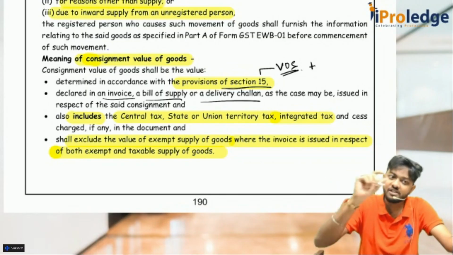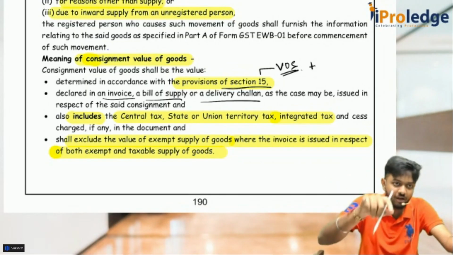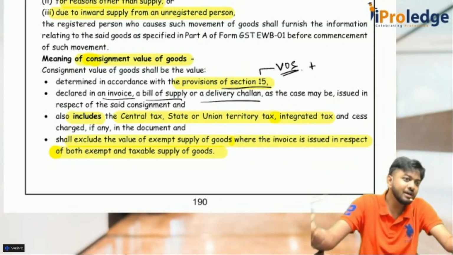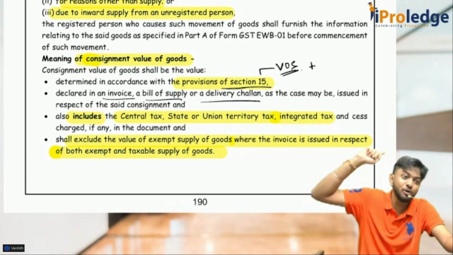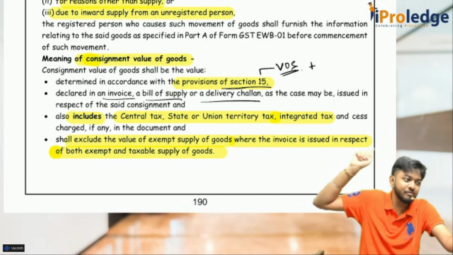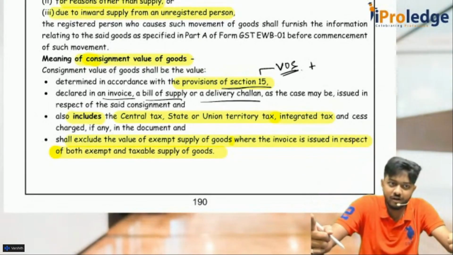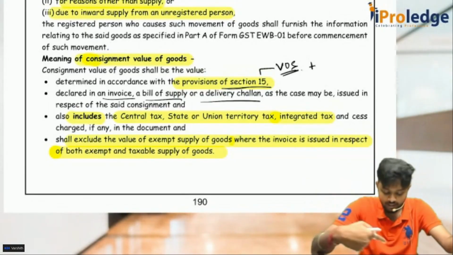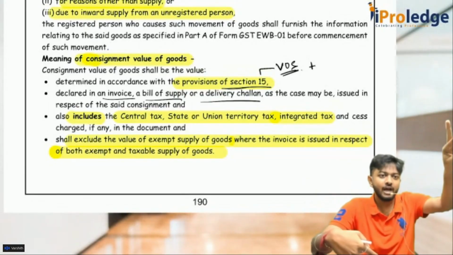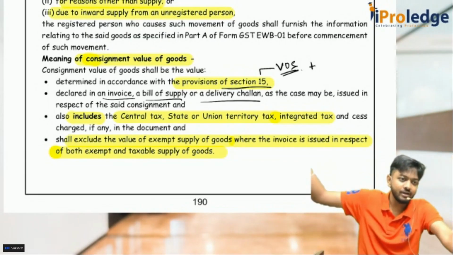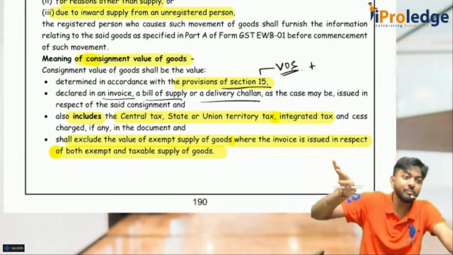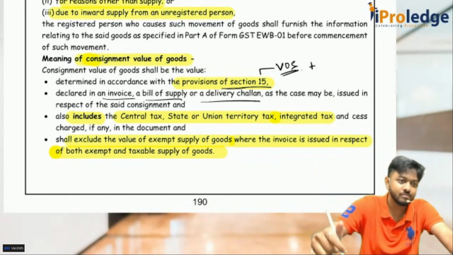Nil rated, their GST rate is, it is taxable supply only, but their GST rate is only 0%. They are called nil rated. Zero rated is exports and supplies to SEZ. That is different. Zero rated and nil rated is not the same. I hope you know. So here exempt supply means three things: non-taxable, nil rated, and goods exempted by government. That will be excluded from determining the value of 50,000.